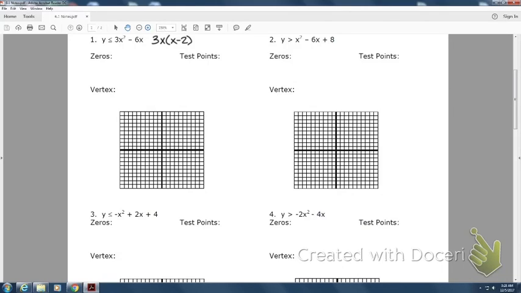So now, each one of those factors is going to give me my two zeros, or my two x-intercepts. So what are those two x-intercepts on this? If I set each factor equal to 0, what two numbers is it going to give me?